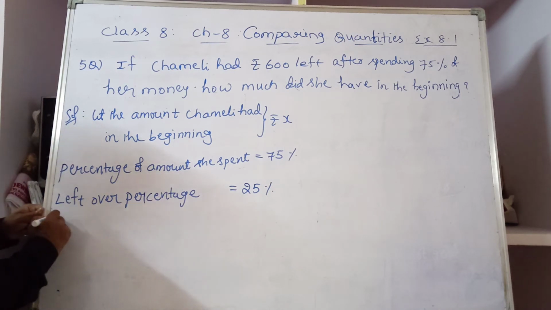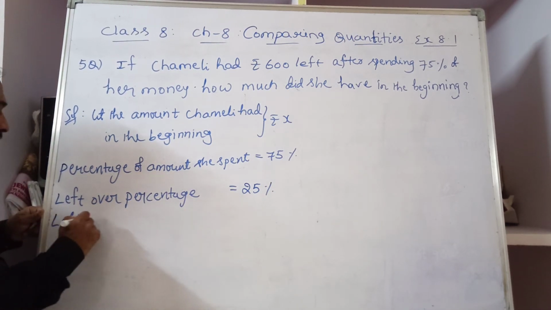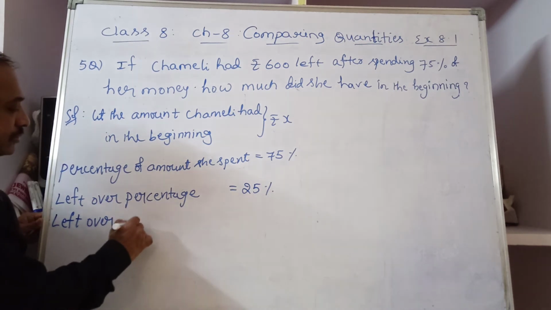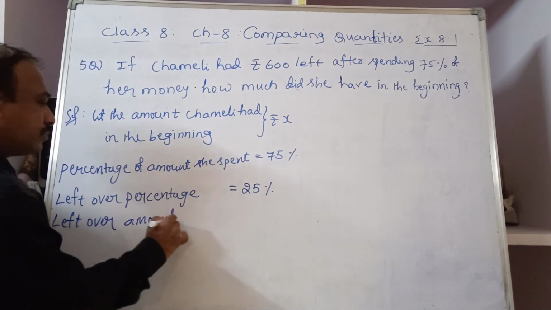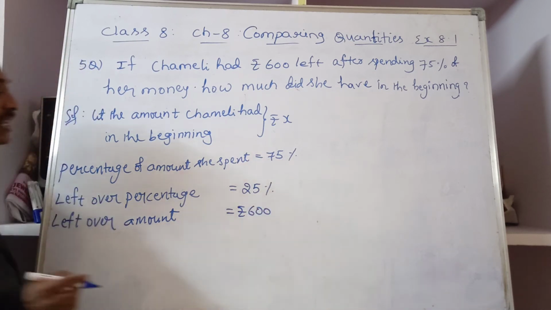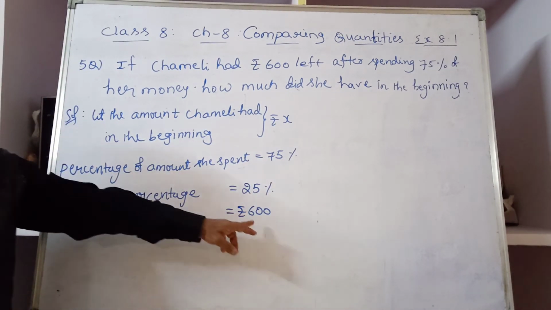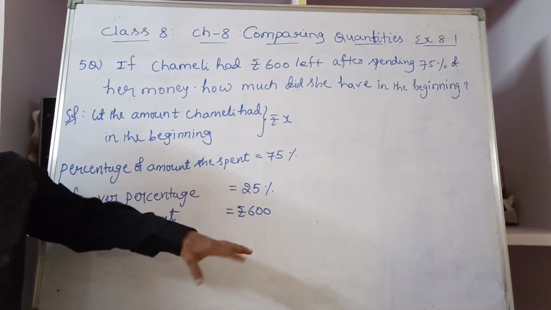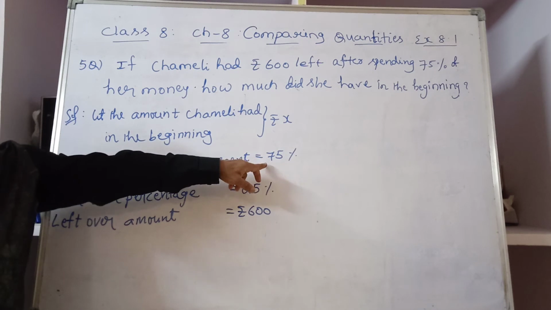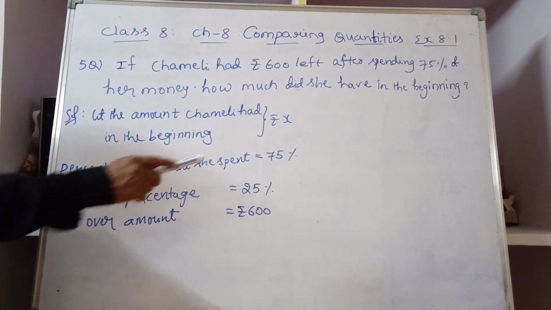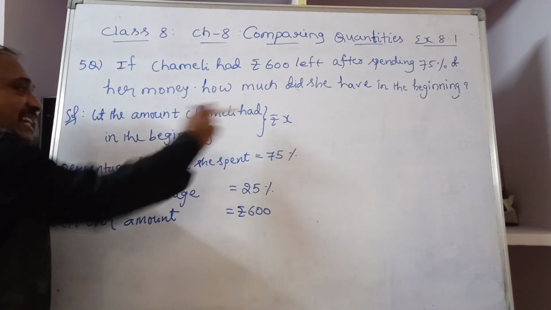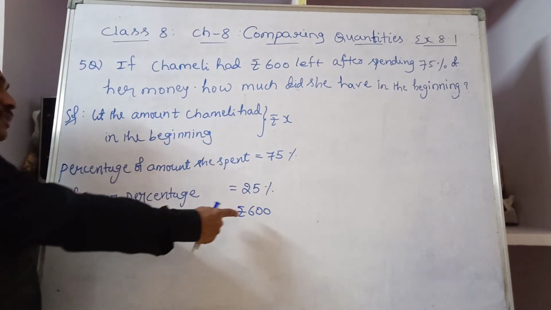The leftover amount is rupees 600. From where did she get this 600? The total amount is X. After spending 75% of X, 600 was left.